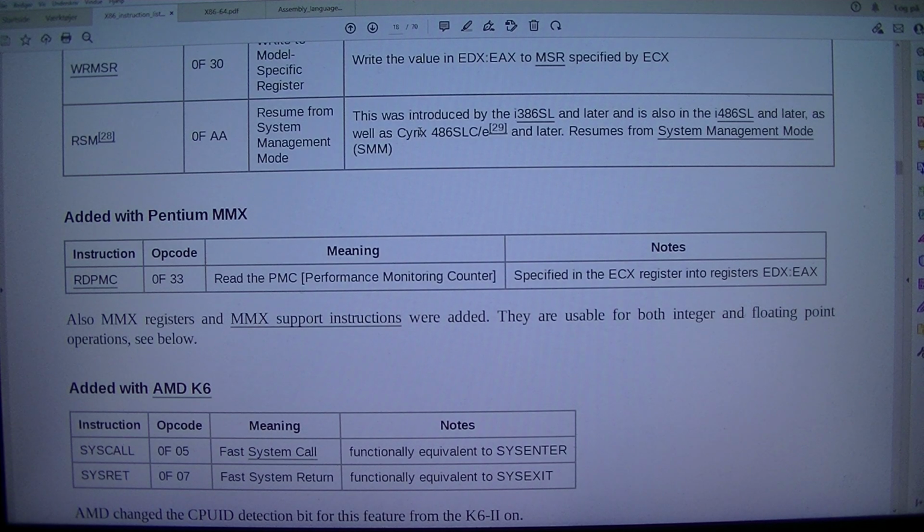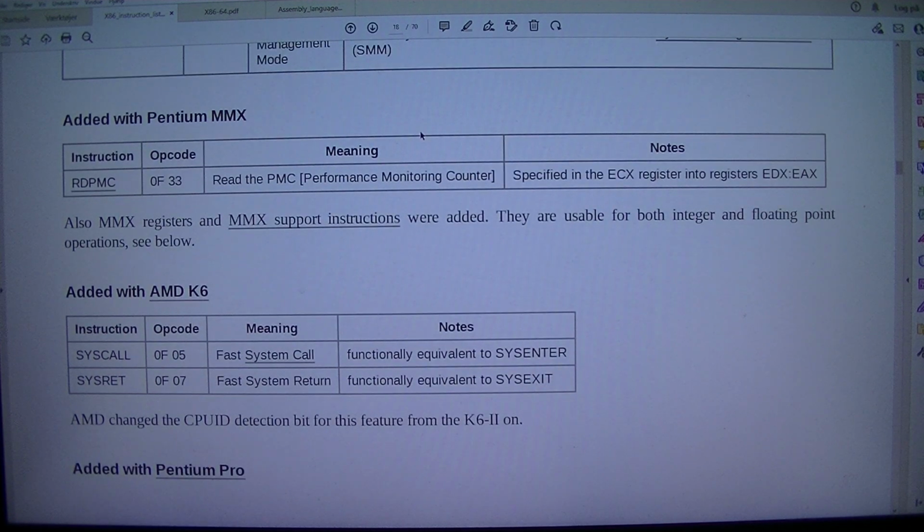RDPMC 0F33: read the PMC, performance monitoring counter, specified in the ECX register into registers EDX:EAX. Also MMX registers and MMX support instructions were added. They are usable for both integer and floating point operations, see below.